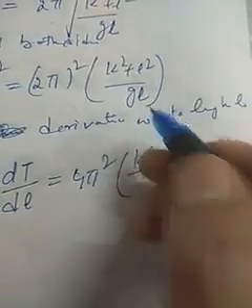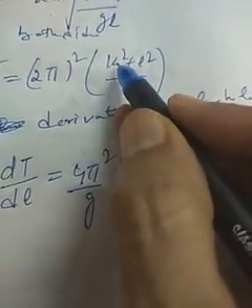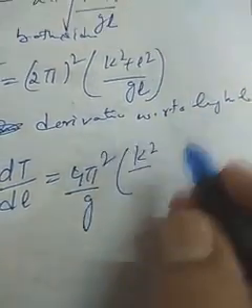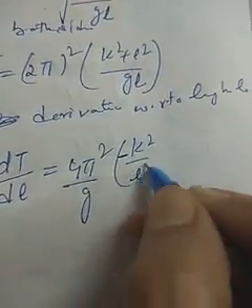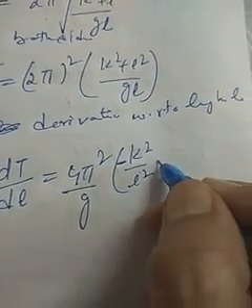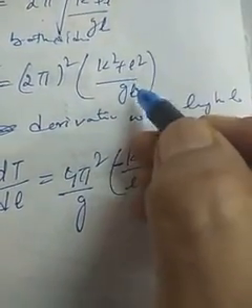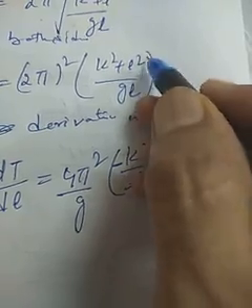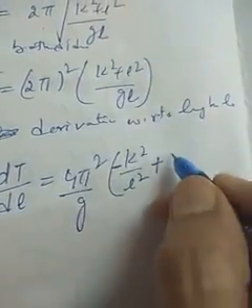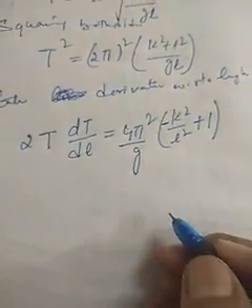Its differentiation, you take this g outside, so it will be k square upon l. k square will remain as it is, differentiation of 1 upon l will be minus 1 upon l square, plus l in the numerator and l in the denominator, so differentiation of l comes out to be 1.